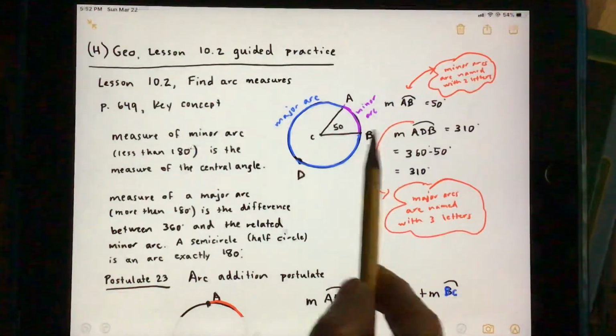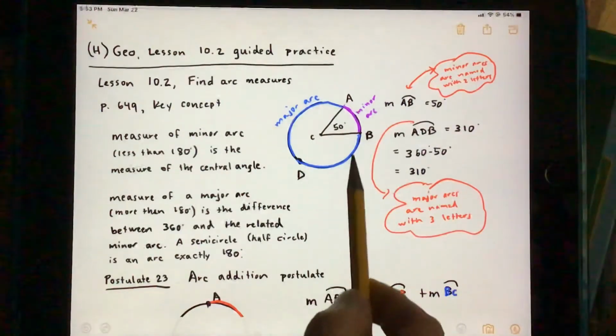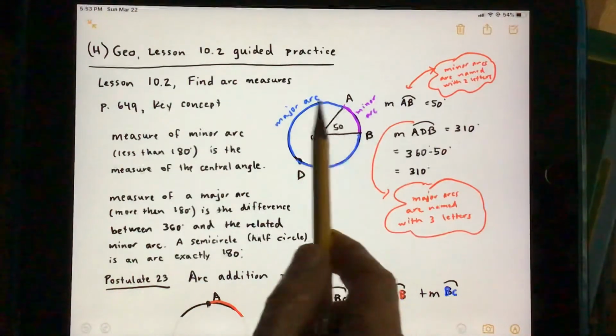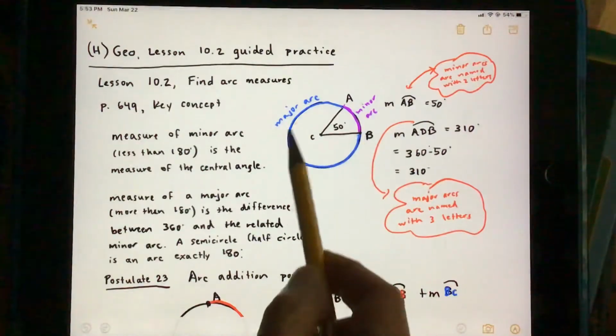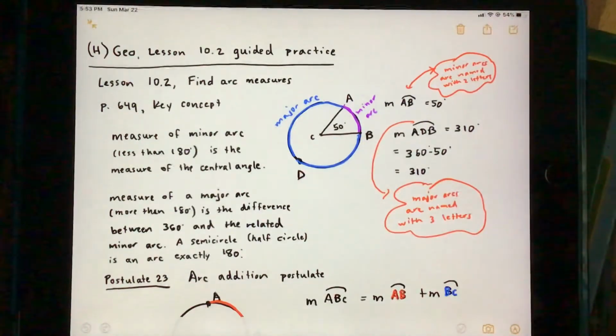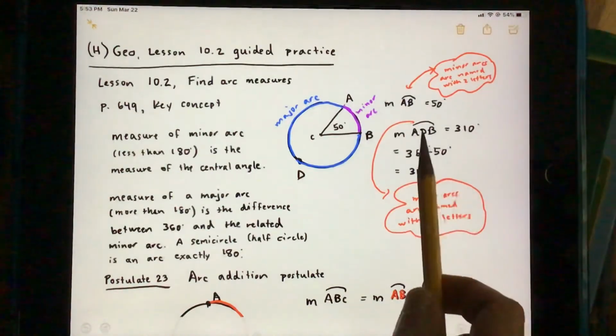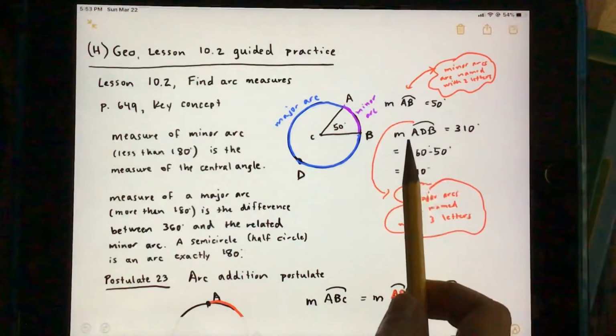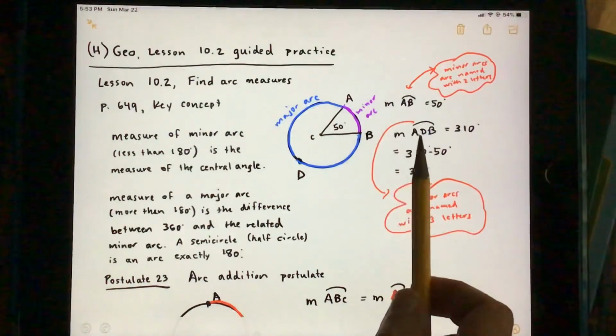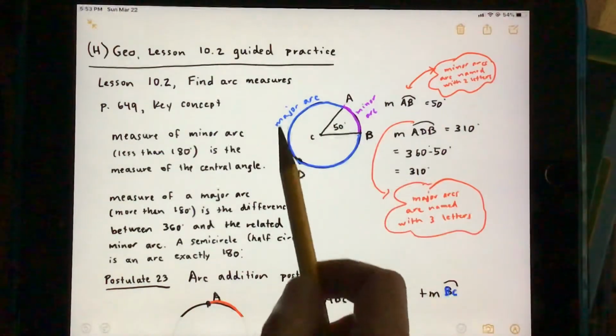Now, if we want to talk about the other angle, this bigger one that goes around the other way, the blue arc, we're going to call that a major arc. It's more than 180 degrees. We're going to need to use three letters to know that we are talking about that major arc. So here in this case, we're going to use measurement of arc ADB, so all the way around the long way.